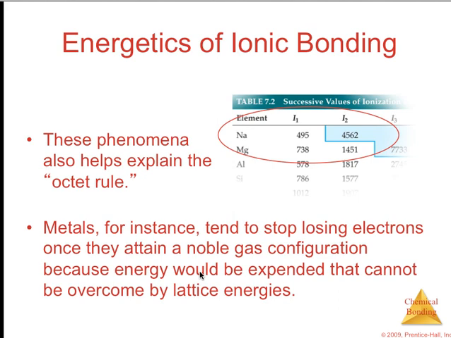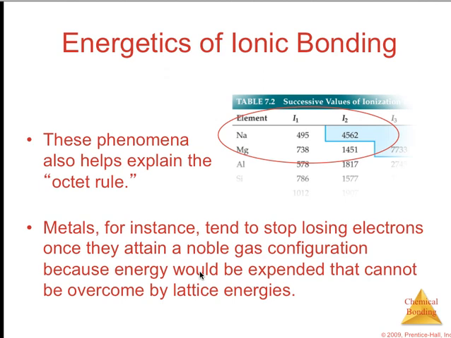Reactions are the difference between the energy required to break bonds and the energy required to make bonds. A lot of spontaneous reactions are exothermic because the energy released when you make those bonds more than makes up for the energy it takes to break the bonds.